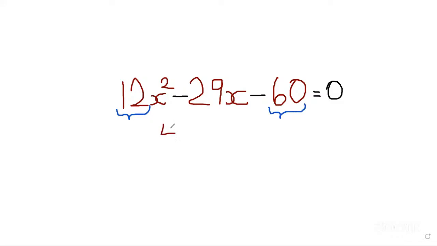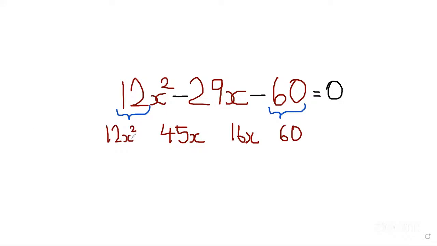We have a minus 45x, a plus 16x. The 60 has not changed, and the 12x squared has not changed.